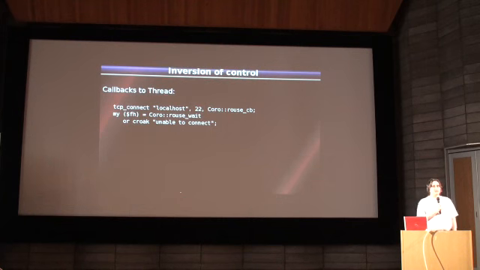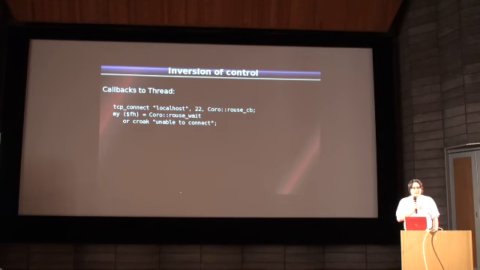Then to wait for the actual results, I can use Coro rouse_wait, which returns whatever TCP connect passes to the callback. And this pattern works basically with anything that expects a callback. So I can always convert a callback-style, event-style function into a normal blocking-style function.